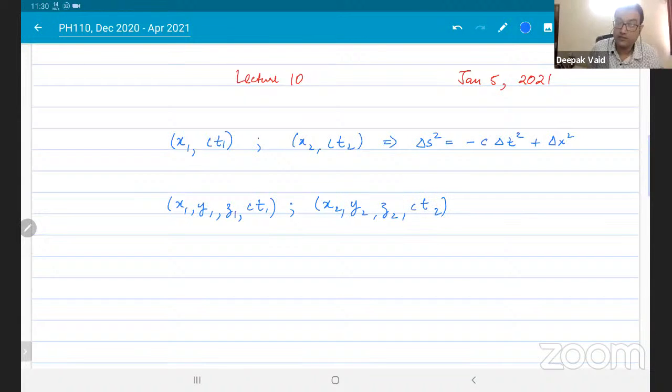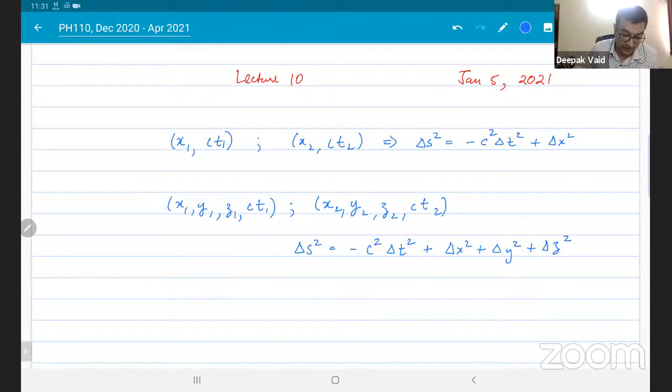But for simplicity, when we're talking about relativity initially, we generally throw away two of the coordinates. But if you want the full picture, you have to use four coordinates, right? So in this case, what is delta S squared? It's minus c squared delta t squared, right? Plus delta x squared, delta y squared, delta z squared, right?